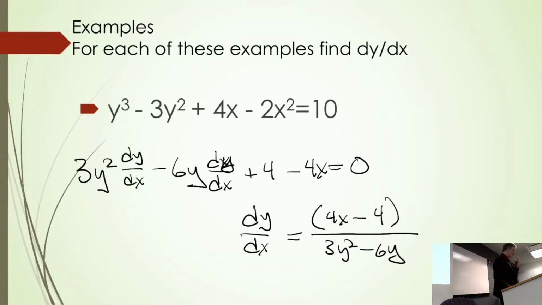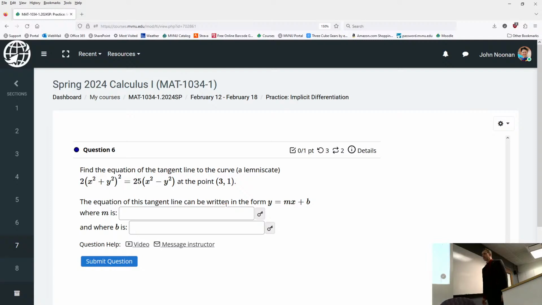Okay, so let me show you the homework, just a couple of tips and tricks so that you don't go nuts. This is the last problem on the homework. The way that it's written, if I was doing the derivatives, on the right, there's no problem. 25x squared, 25y squared.